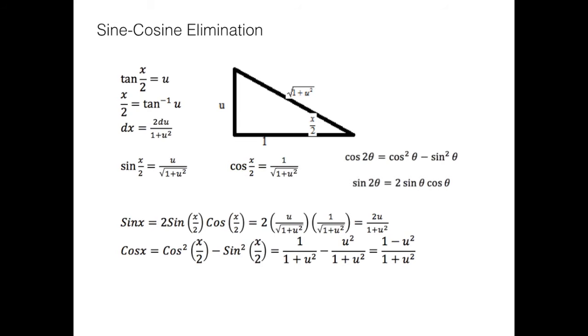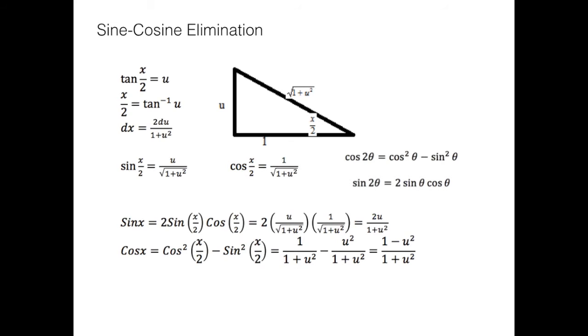And that means the hypotenuse must be equal to the square root of 1 plus u squared. Now, if we do some math with this original equation, we can get x over 2 to be equal to tangent inverse of u. And also, we can get dx to be equal to 2 du over 1 plus u squared.